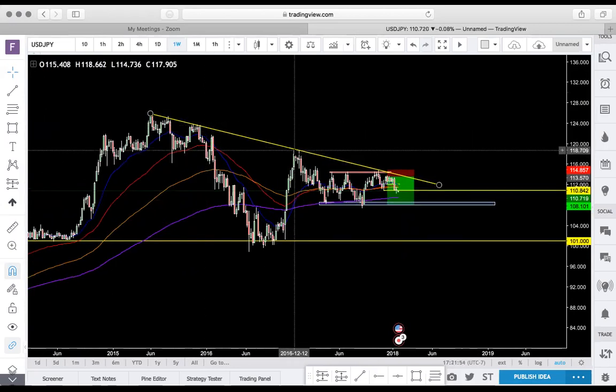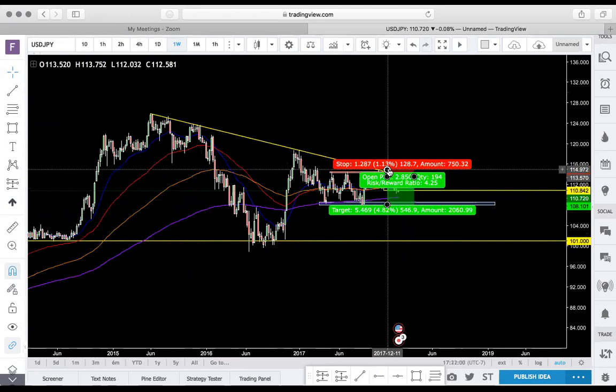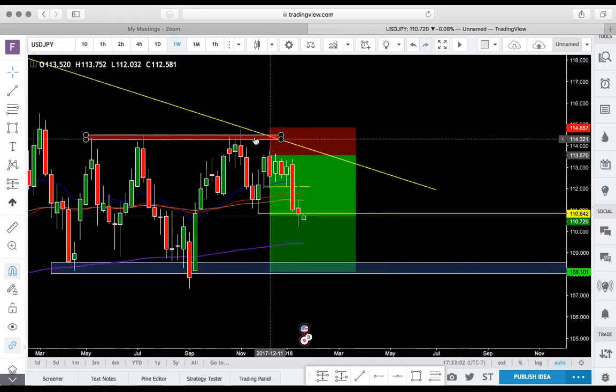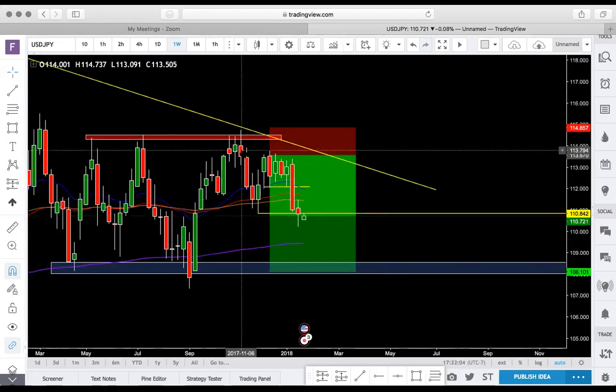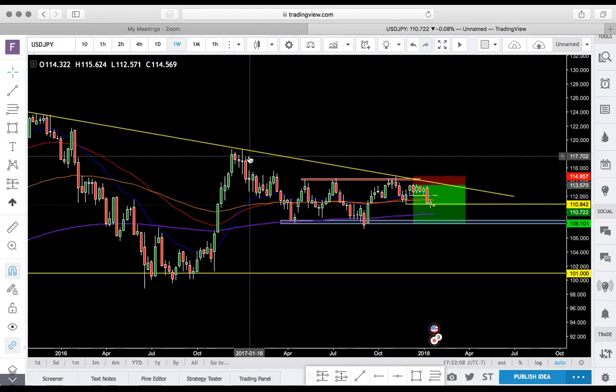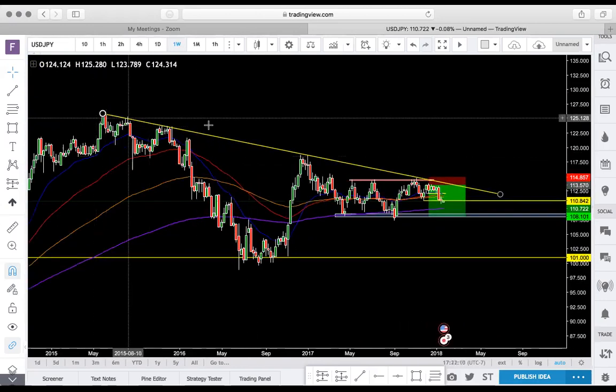Then connect that to the pivot high on December 2016. That'll give you a nice little downtrending line here. We didn't quite touch it here on September 2017, but overall you can see very clearly that the trend is down.